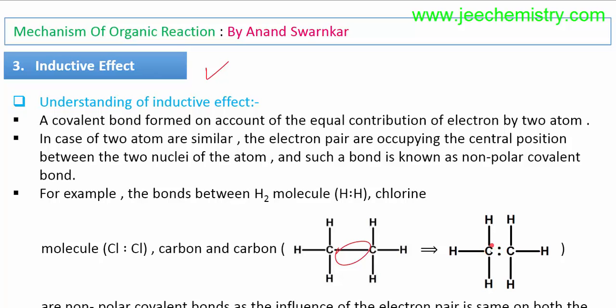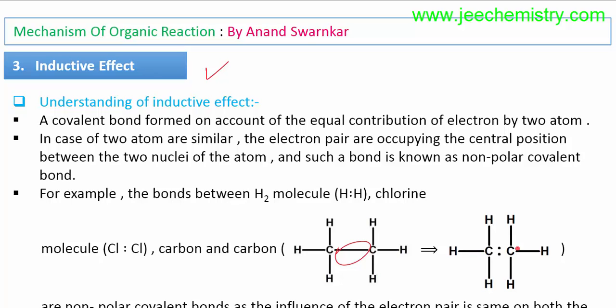In chlorine, there is equal contribution and a covalent bond is formed. Here is the hydrogen H2 molecule, with equal contribution and a covalent bond. Equal contribution occurs and a covalent bond forms if the two atoms are the same.